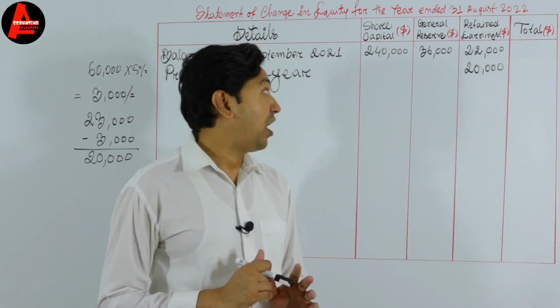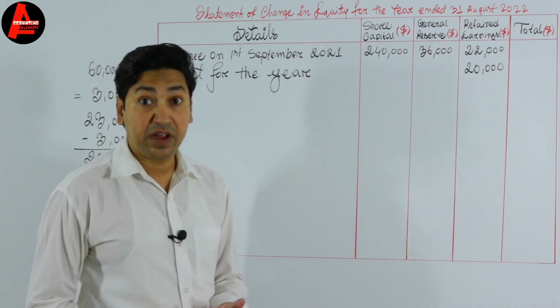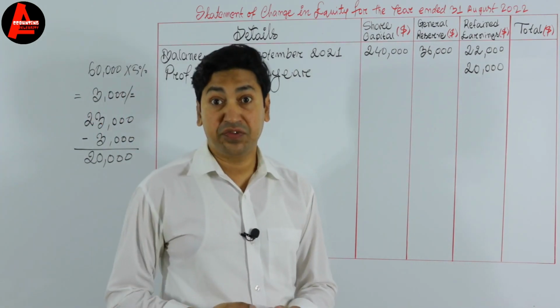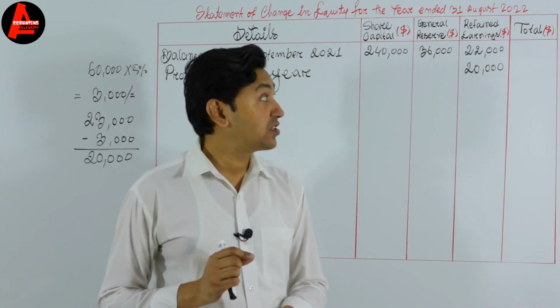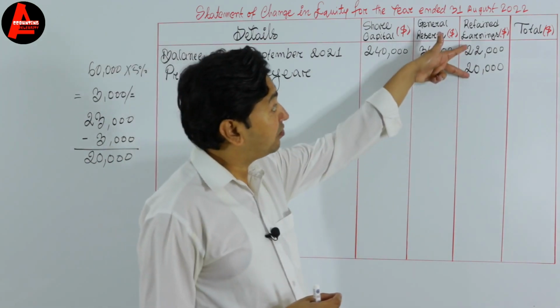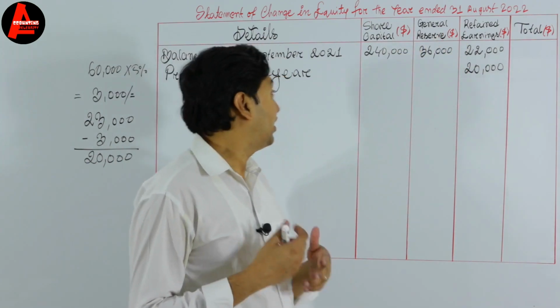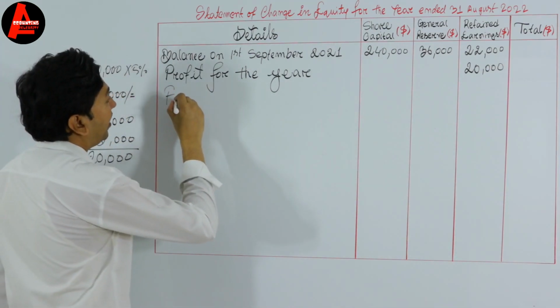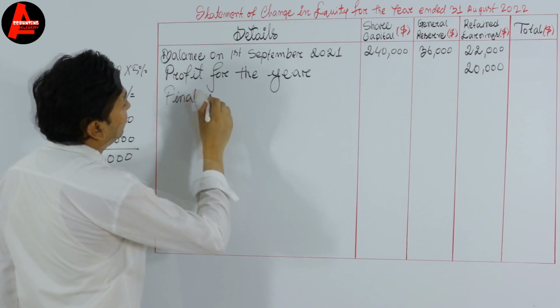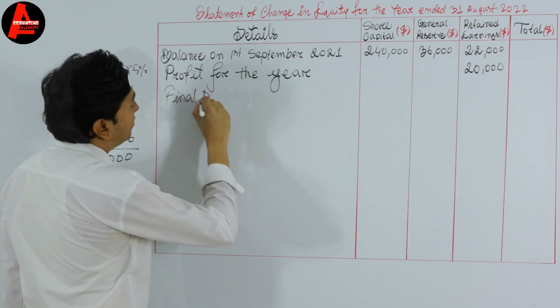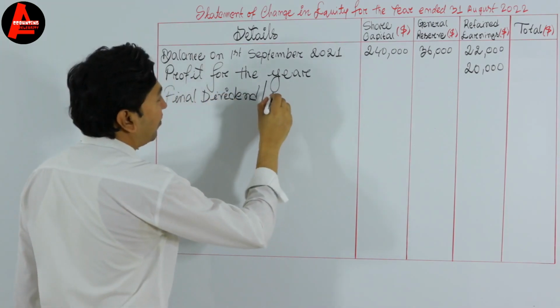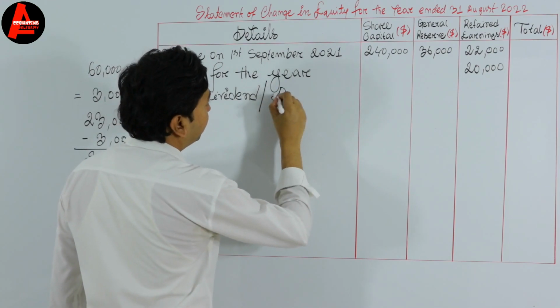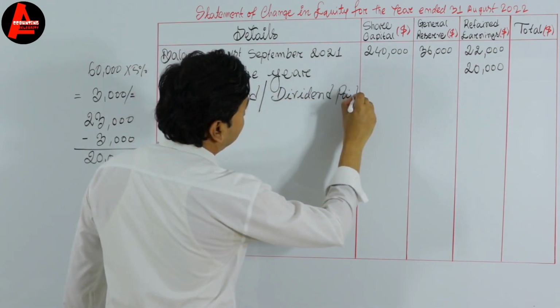Here in the question we have final dividend and interim dividend. These two expenses we need to subtract from the total of the previous amounts. So let us write here final dividend or dividend paid, whatever you call it. Both terms are correct.